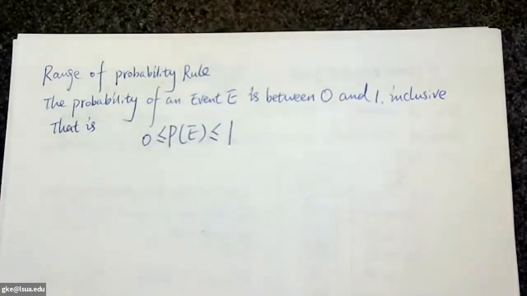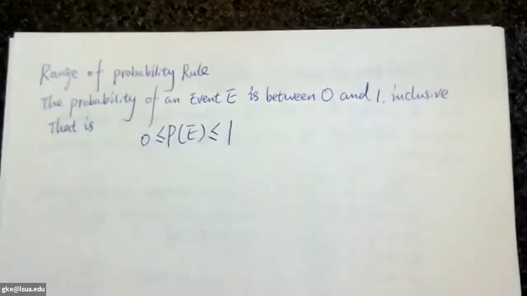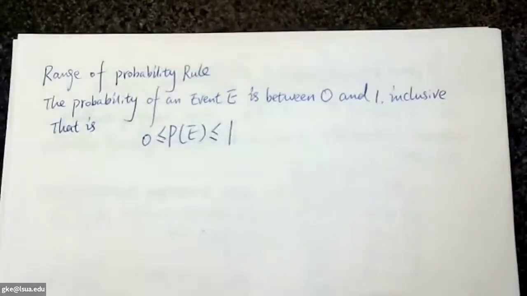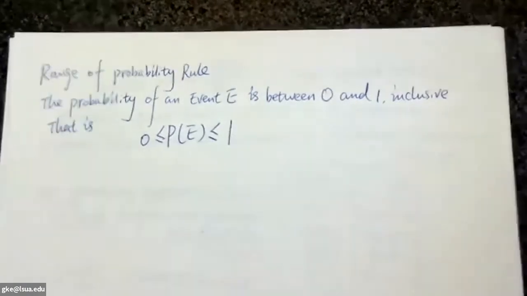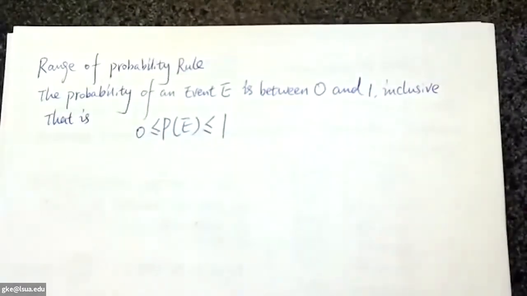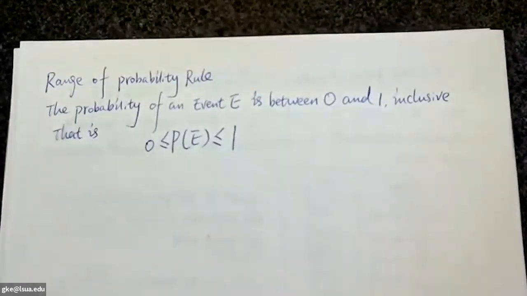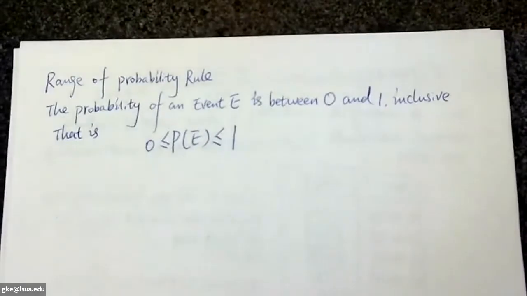In reality, if you see a probability is negative, that's ridiculous. Probability is never negative. Another thing is if somebody tells you the probability of something is 2, you shouldn't trust that guy because probability is never greater than 1. One means that event can certainly occur, 100% gonna occur.